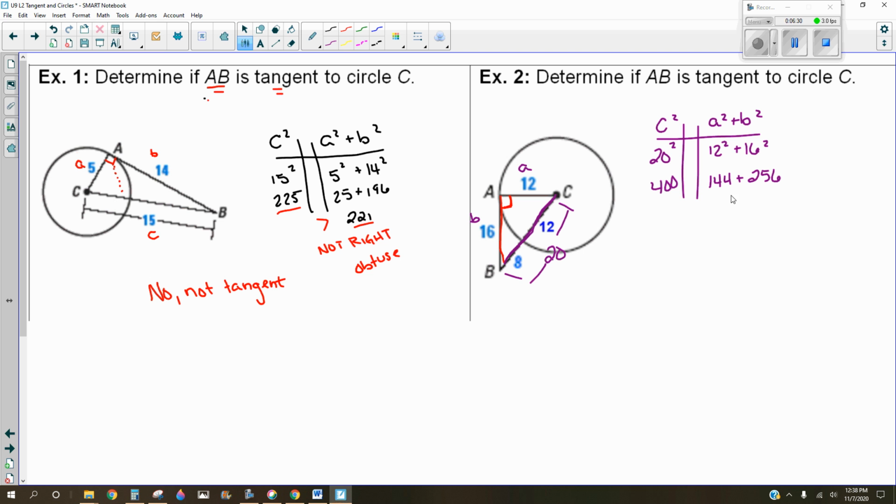So I add these together and I get 400. They are equal to each other. So yes, tangent, because I have a right triangle. And that's the rule. If it's a tangent line, this will be a right angle. And so we use the Pythagorean converse to decide if we have that right angle or not.